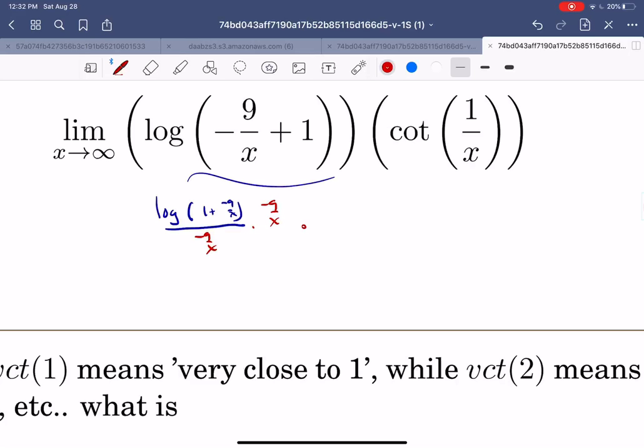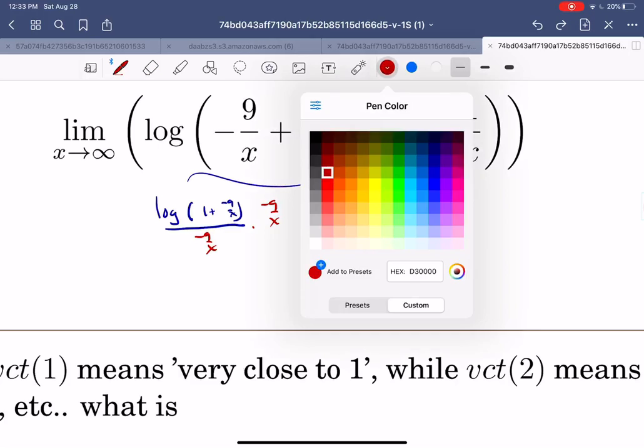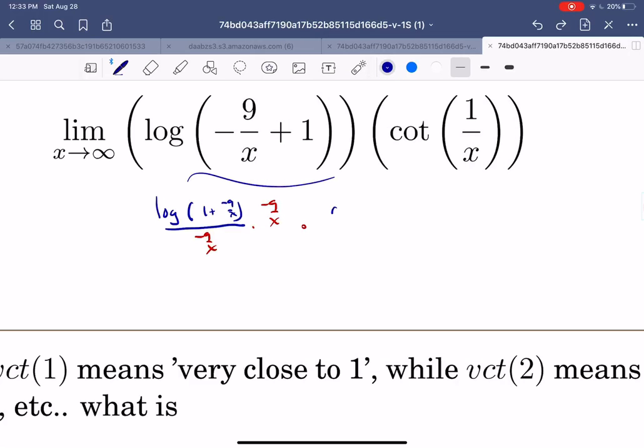Here I break it up as a cosine of that over a sine of that. Actually, I'm going to go with blue here, because the red's going to be the things that I do to both top and bottom. And then I'm going to do something clever again, just like on the other one.